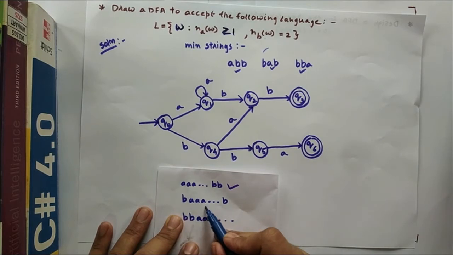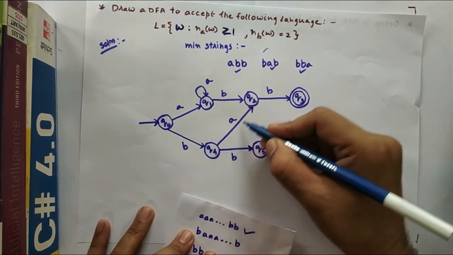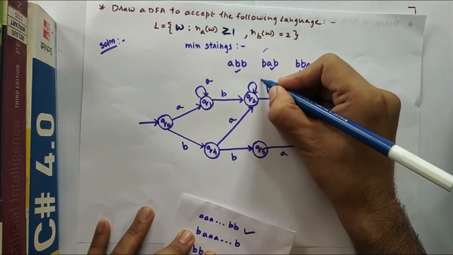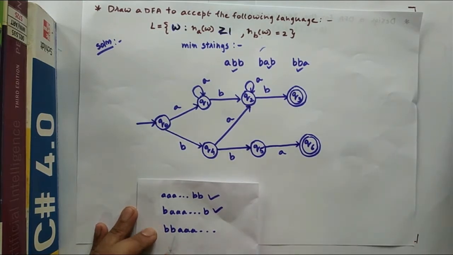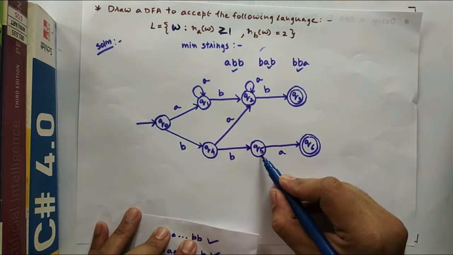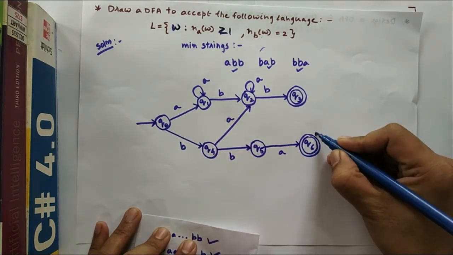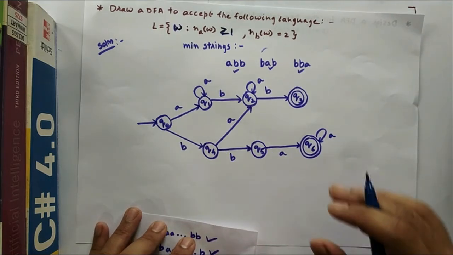Then B, n number of A's ending with B. So B, first A, then n number of A's ending with B. So this string is accepted. And 2 B's ending with n number of A's should also be accepted. So B, B, first A, and then n number of A's also is accepted.